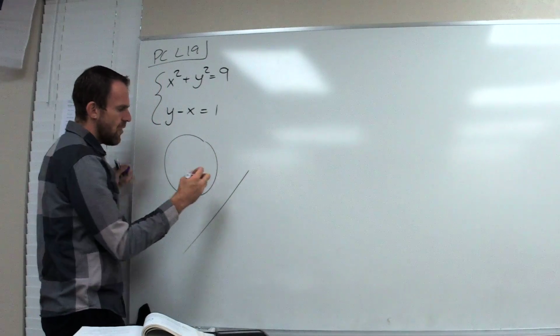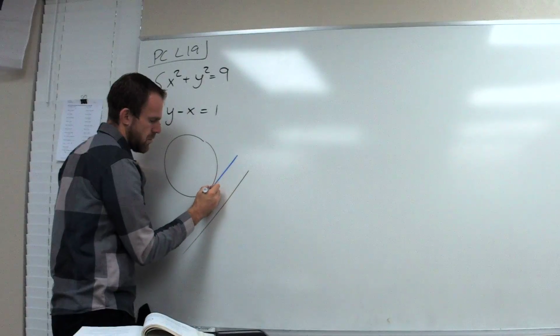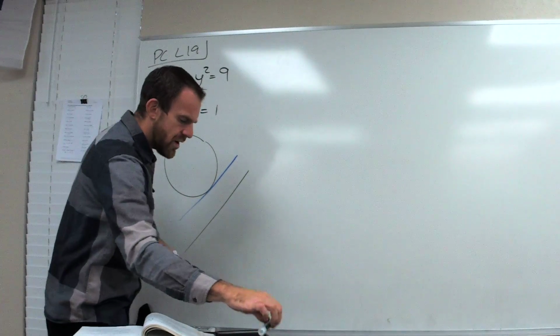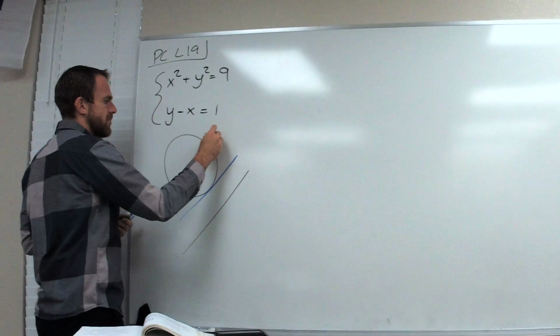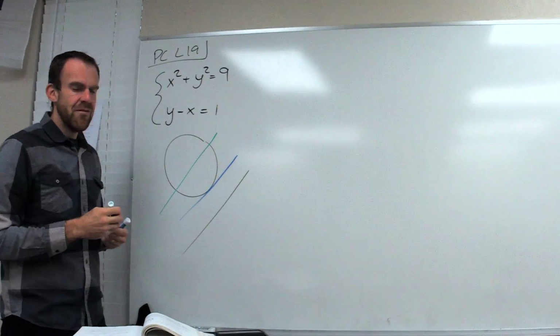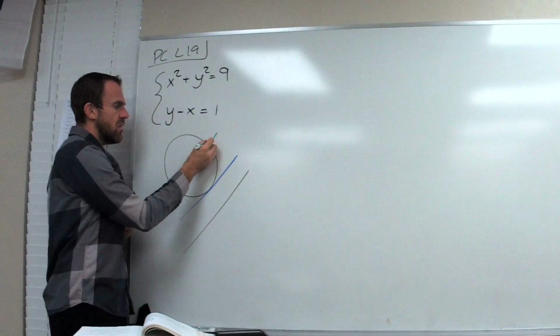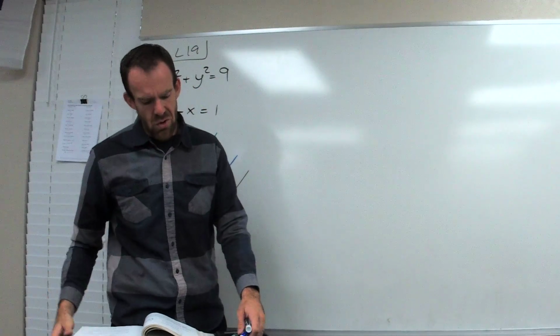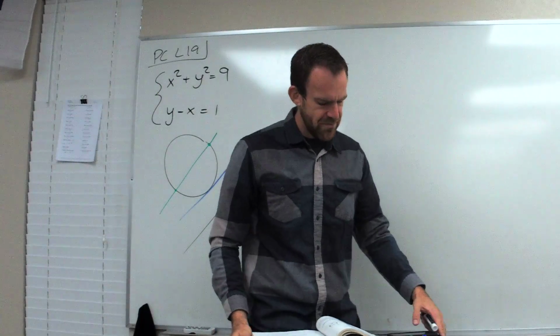It could cross at one point, like that, and so you have one solution, or it could cross through the circle, and you would have two solutions. So our answer is either 0 solutions, 1 solution, or 2 solutions.